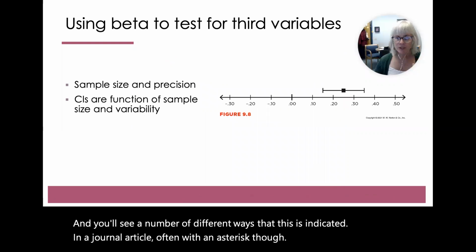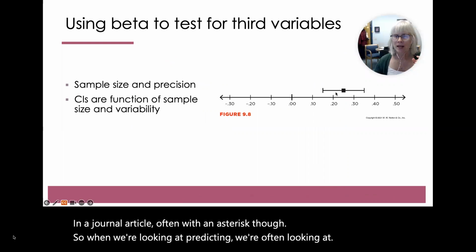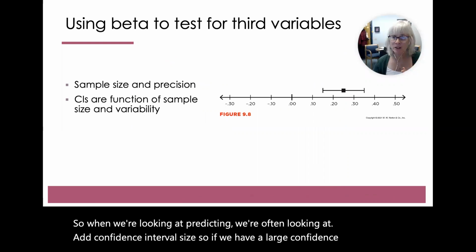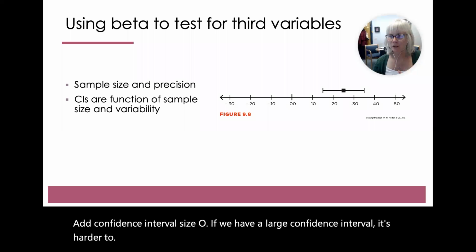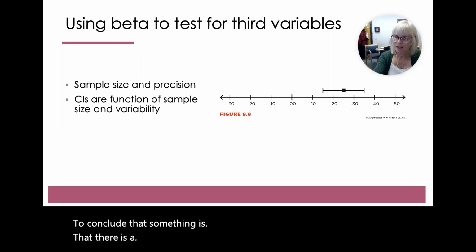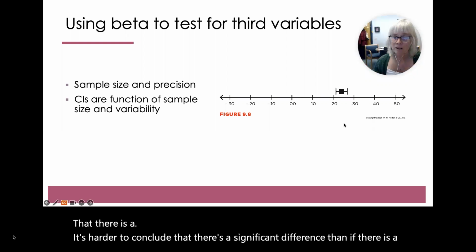So when we're looking at predicting, we're often looking at confidence interval size. If we have a large confidence interval, it's harder to conclude that there's a significant difference than if there is a small confidence interval like this, right?